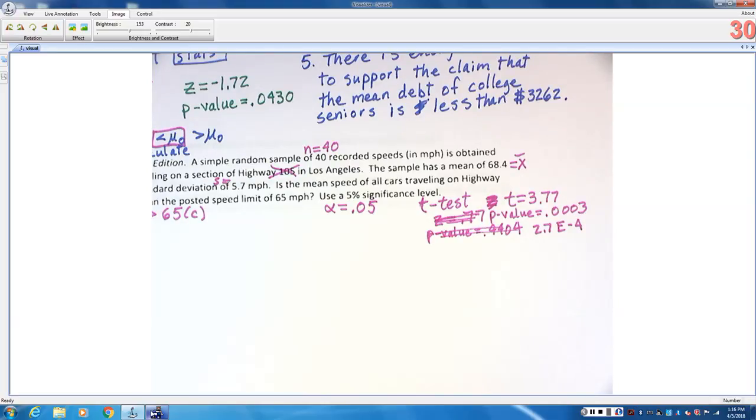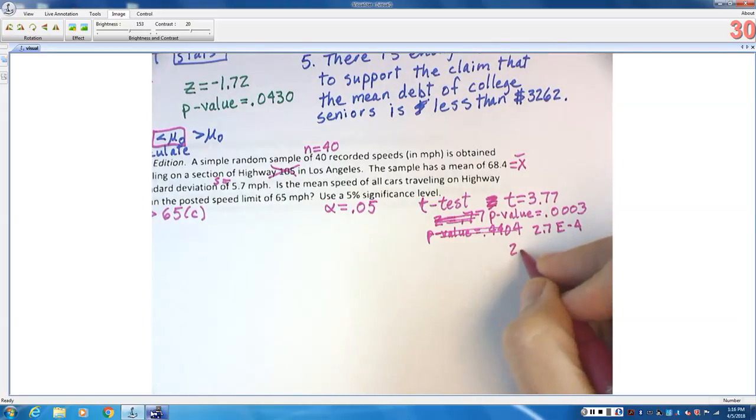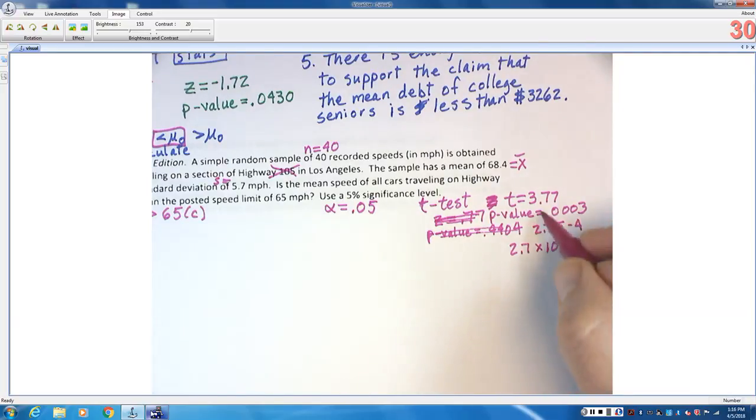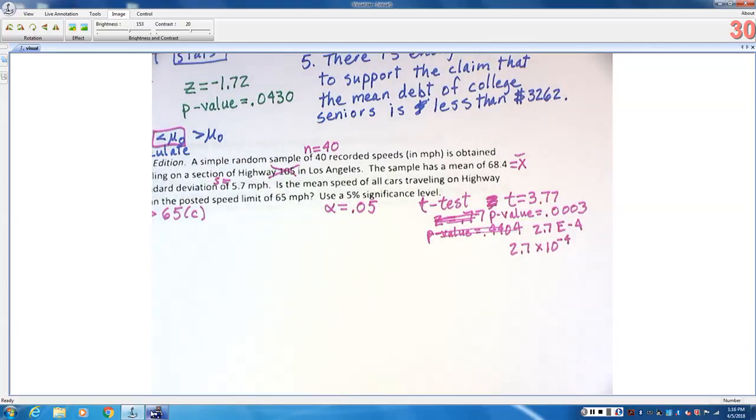This means 2.7 times 10 to the minus 4, which you move 4 decimal places over, you got 3 zeros, and then I rounded up to 3. My stat lab wants 4 decimal places on this, so for this answer in my stat lab you put .0003. In my stat lab, if you get an answer smaller than this, they just want you to put 0.